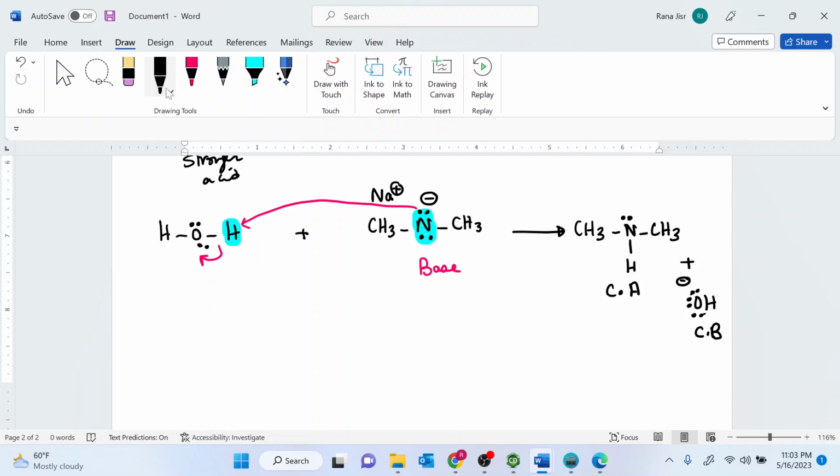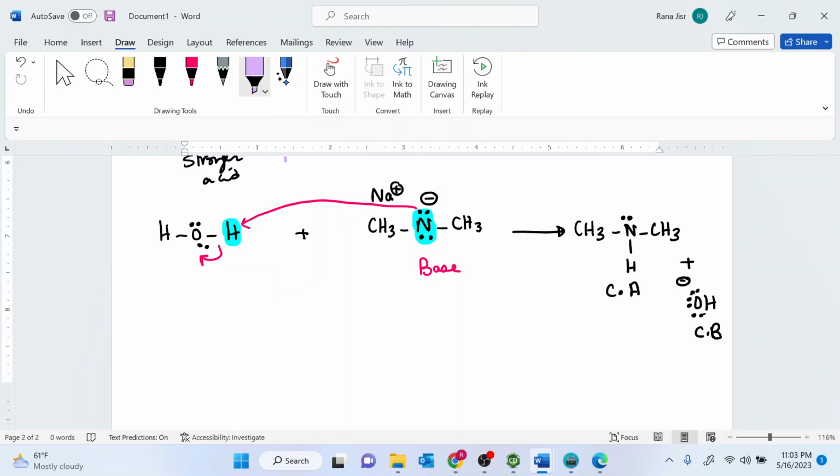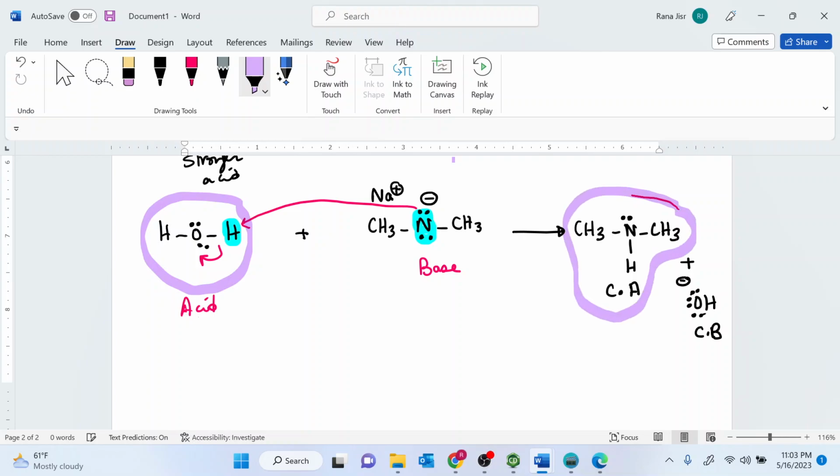To determine the direction of equilibrium, as always, you locate your acid. So this is going to be your acid and your conjugate acid, and determine the pKa of the acid and the conjugate acid.